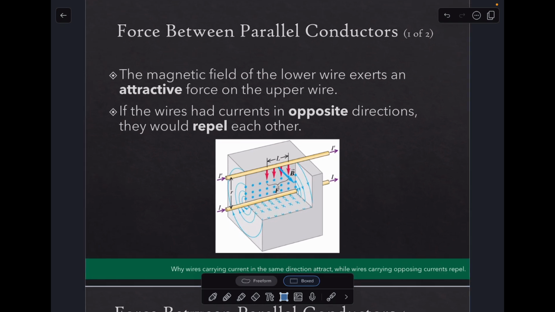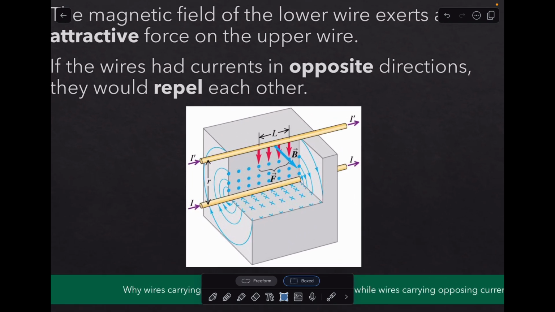So in this picture here, we have two current carrying wires, I prime and I, and they're both carrying current in the same direction. So current I is responsible for creating a magnetic field, and we can figure out the direction of that magnetic field at all points around the wire by putting our thumb in the direction of the current and then curling our fingers around that.